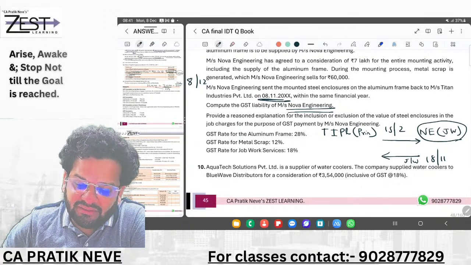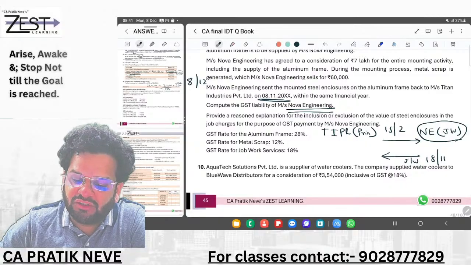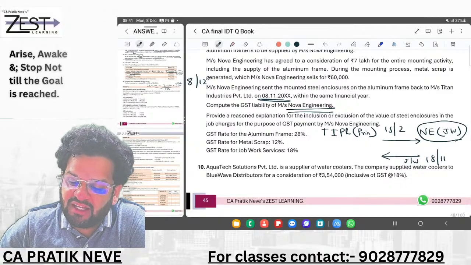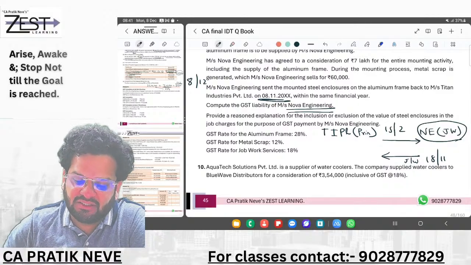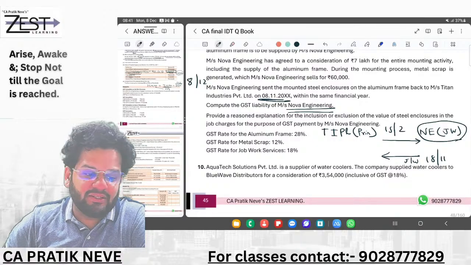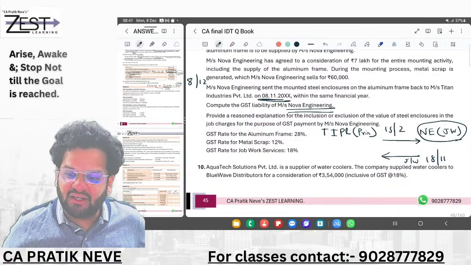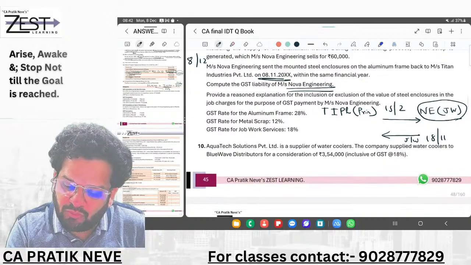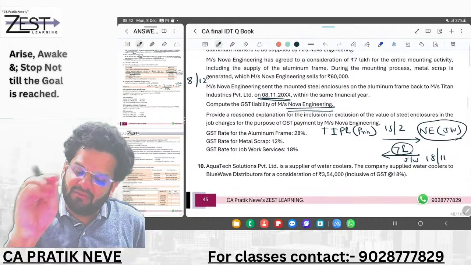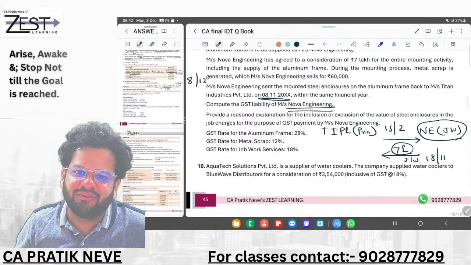Provide a reasoned explanation for inclusion or exclusion of value of steel enclosures in the job charges for the purpose of GST payment by Nova Engineering. So basically, Nova Engineering has charged for job work to TIPL 7 lakh rupees. So 7 lakh will be the assessable value.